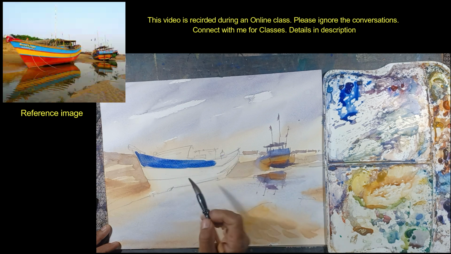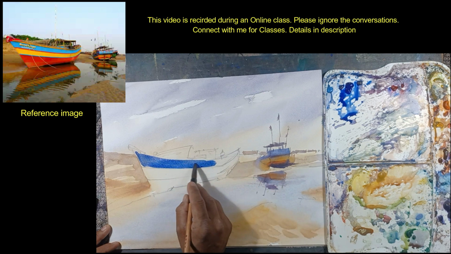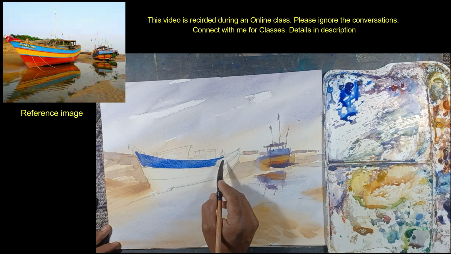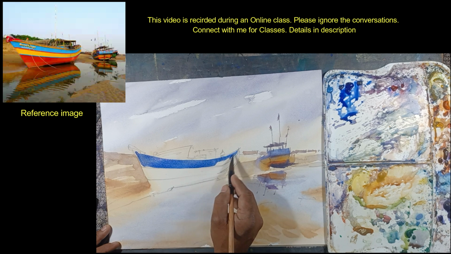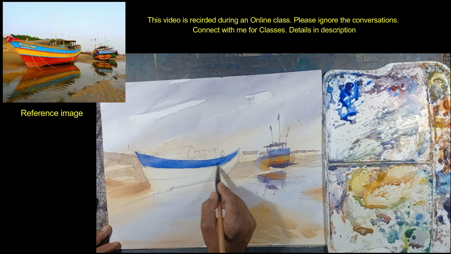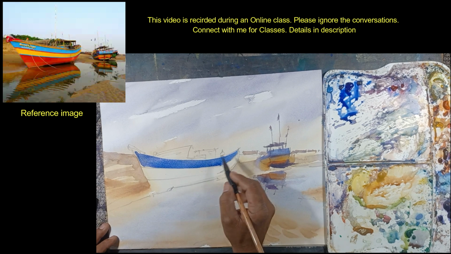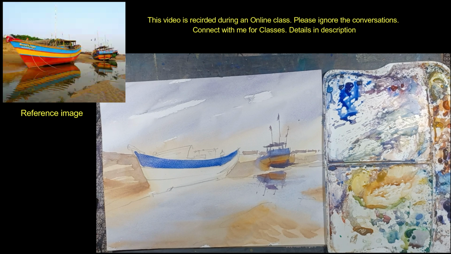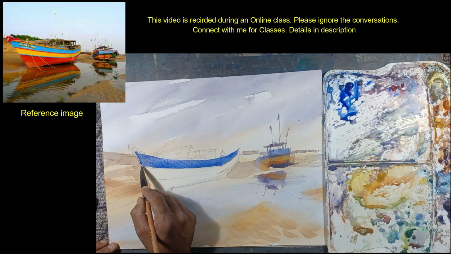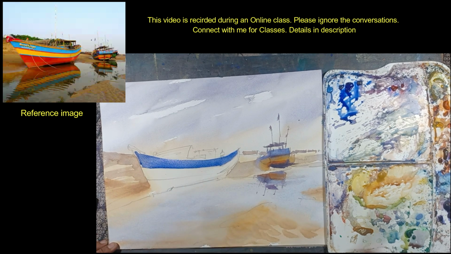I'm using ultramarine blue in place of cerulean blue. Cerulean blue will be a greenish, more aqua kind of blue. So I'm using plain blue. And after this, I will pick up some yellow and mix it with orange, because the yellow we have is a very dark deep yellow.